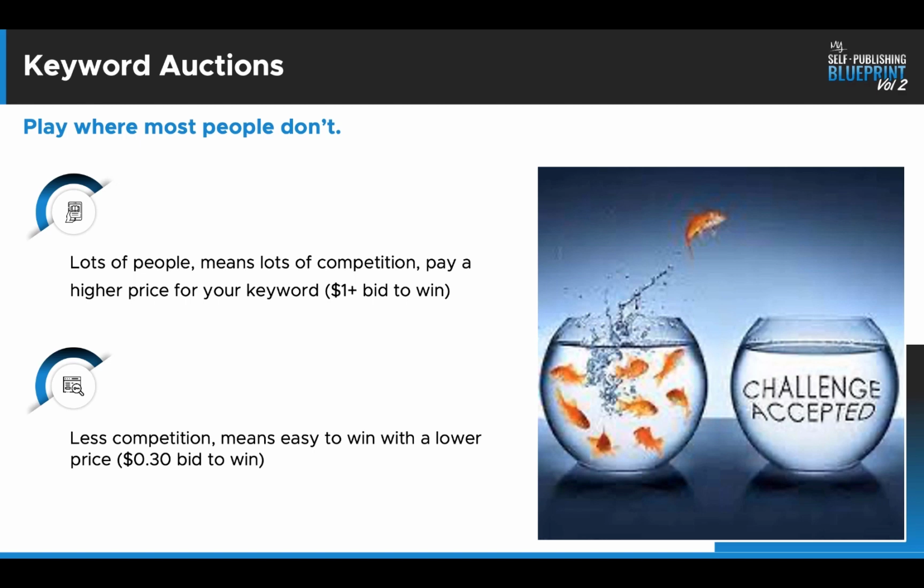This whole section is going to be about how to find these keywords that there's not a lot of people bidding on, but they're super relevant. So it's going to be cheaper for you to play, but you're still going to win massively. As if you were this fish in this big pond here, you just want to jump into the smaller one, because it's going to be a lot easier and a lot more fun for you.